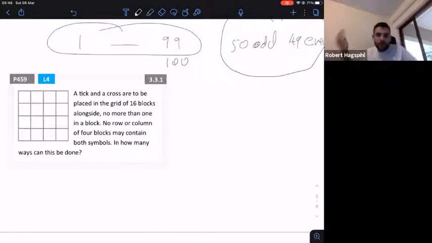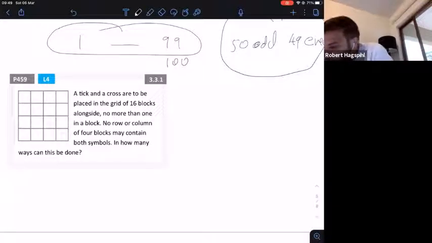Okay, cool. So this question is also quite challenging, so let me give it a bash, and then we can move on to the next question. It says, a tick and a cross are to be placed in the grid of 16 blocks alongside, no more than one in a block, and once I've chosen, no row or column of 4 blocks may contain both symbols.